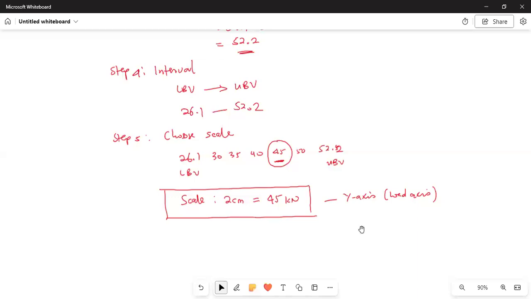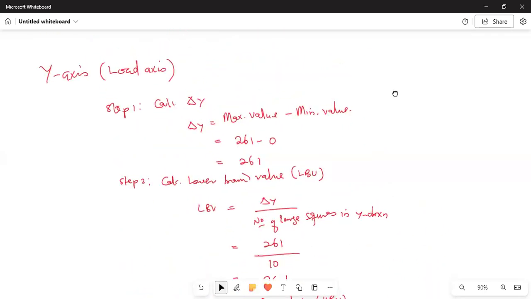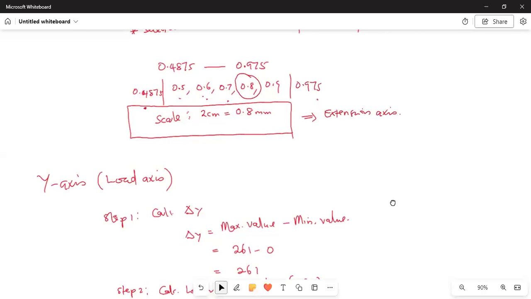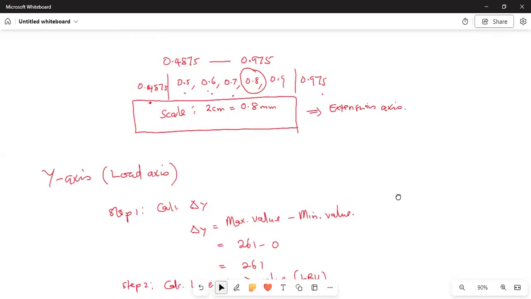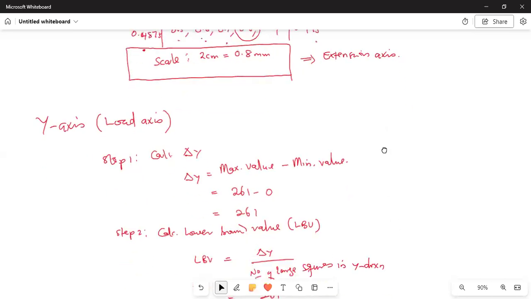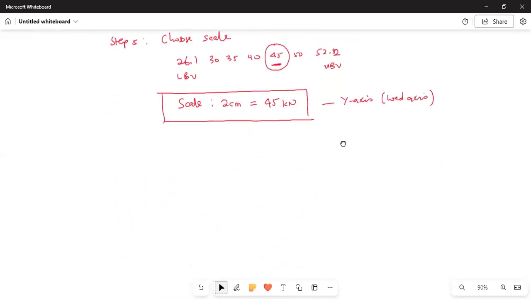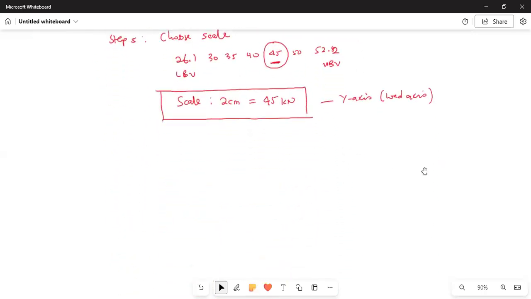Now, let me move to the top. I am not sure I remember what the scale we had for the x-axis. This is the x-axis, 2 centimeters, 0.8 millimeters. Extension axis. So now scales.